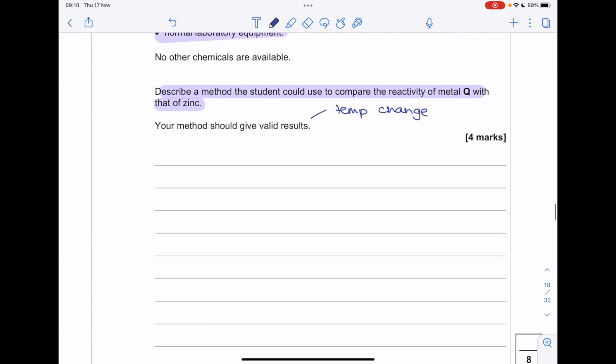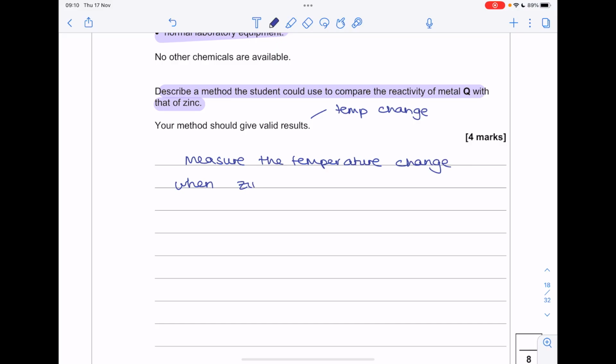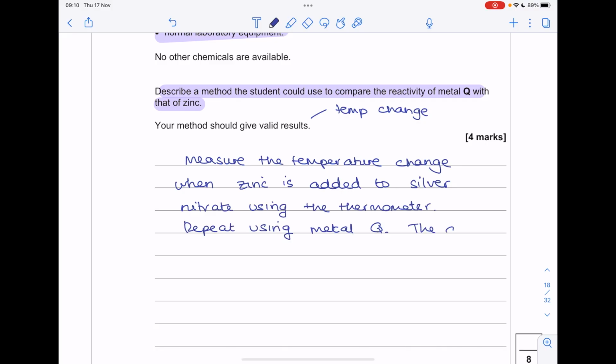So we're ready to get going. Measure the temperature change when zinc is added to silver nitrate using the thermometer. Repeat using metal Q. The greater the temperature change, the more reactive the metal.